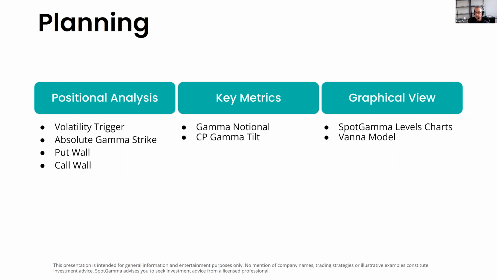Now, for my planning process, I looked at all this data that, again, is available to all subscribers. First, positional analysis. I look at key gamma levels, and that is the volatility trigger, the absolute gamma strike, put wall, and call wall. I also look at additional key metrics that provide information that shows how traders and market makers are positioned.